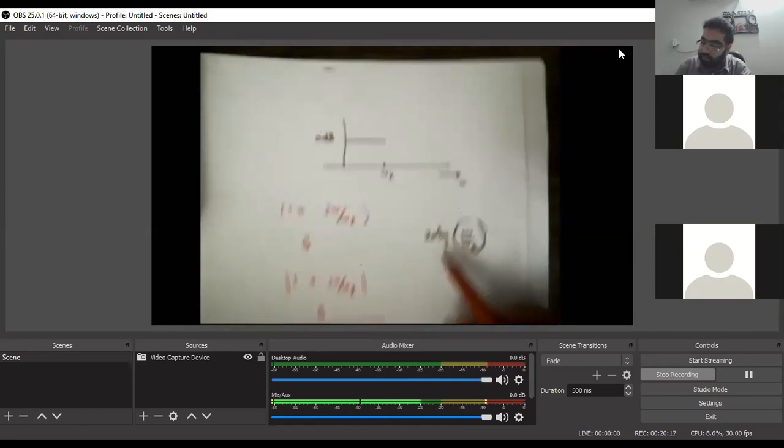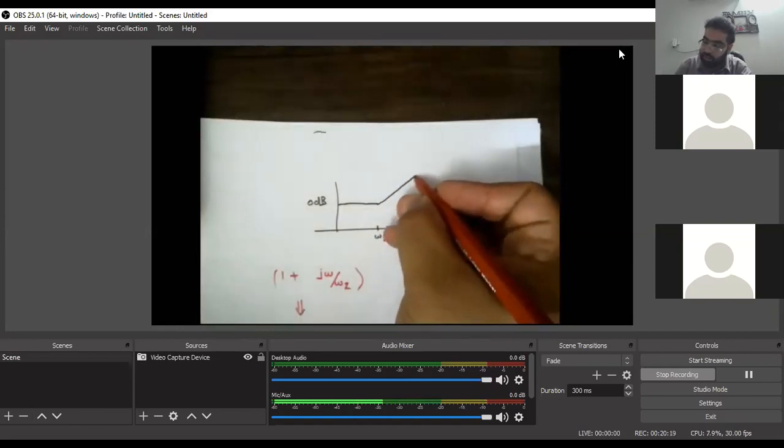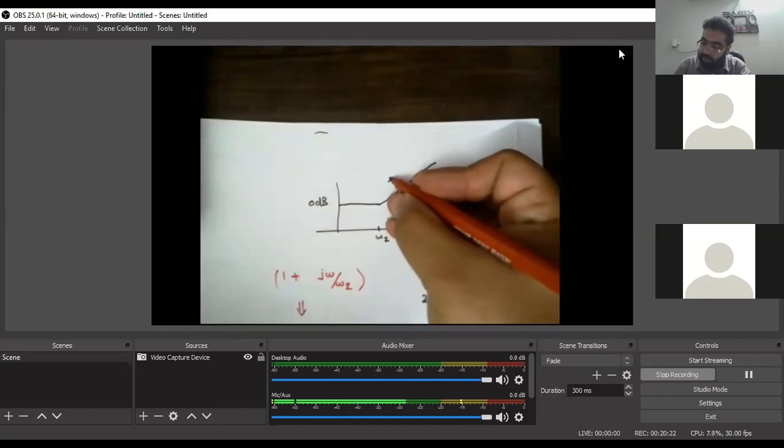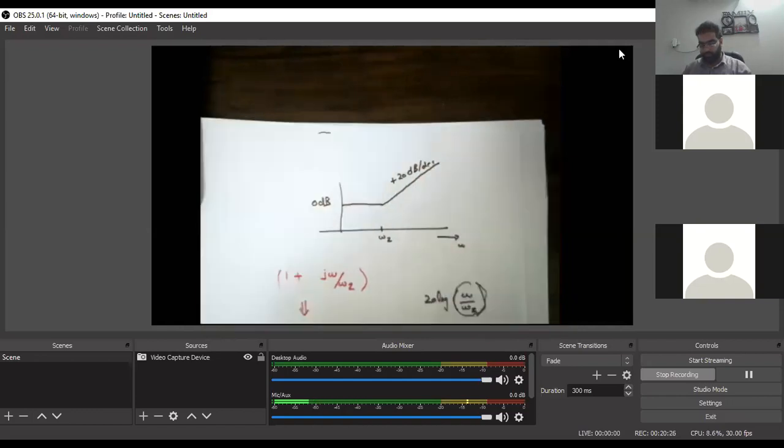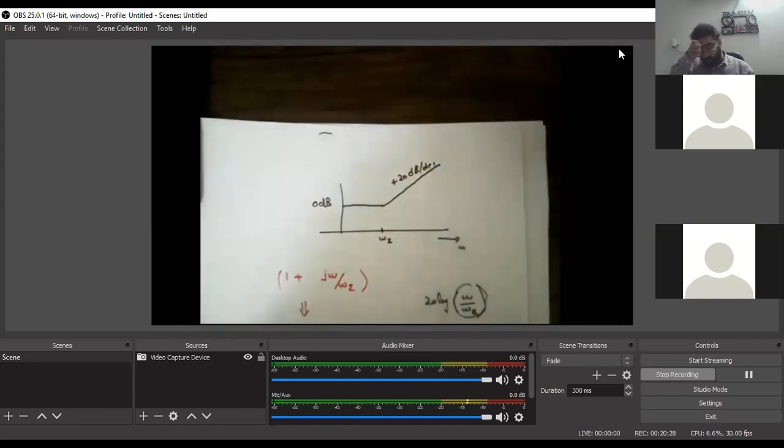So that's why we say it's like this, enhance plus 20 dB per decade. Is that okay? Yes, sir. Thank you.